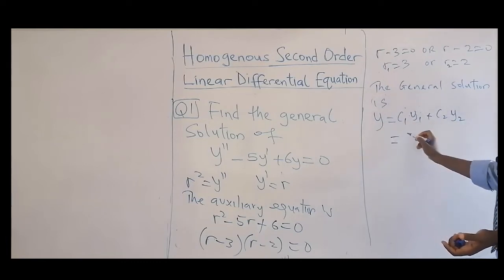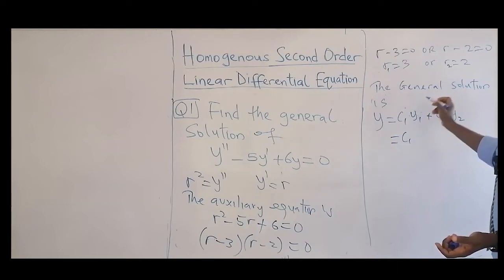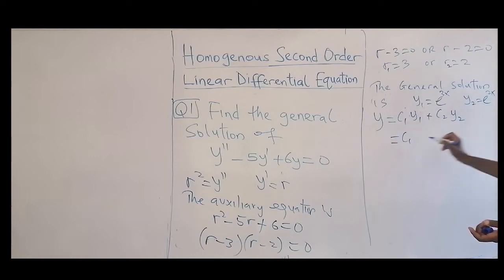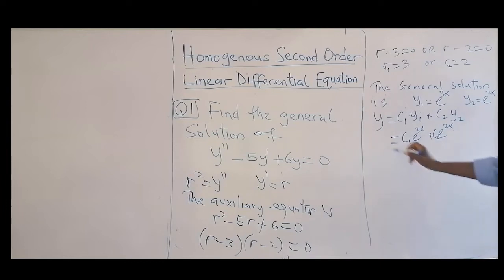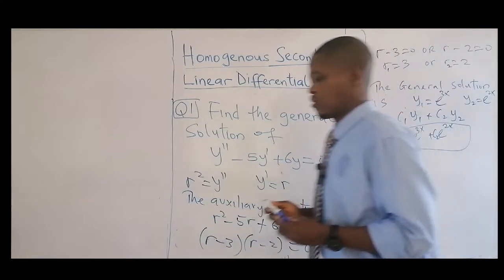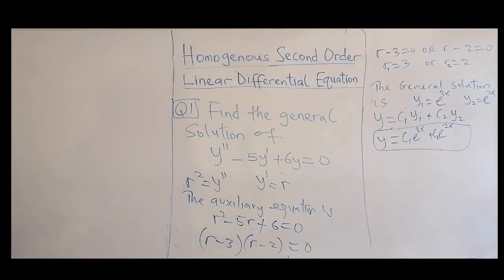Your y1 will be equal to e to the 3x. Your y2 will be equal to e to the 2x. So that will be equal to c1 e^3x plus c2 e^2x. So that's your general solution for this second order differential equation. Okay, so that's that.